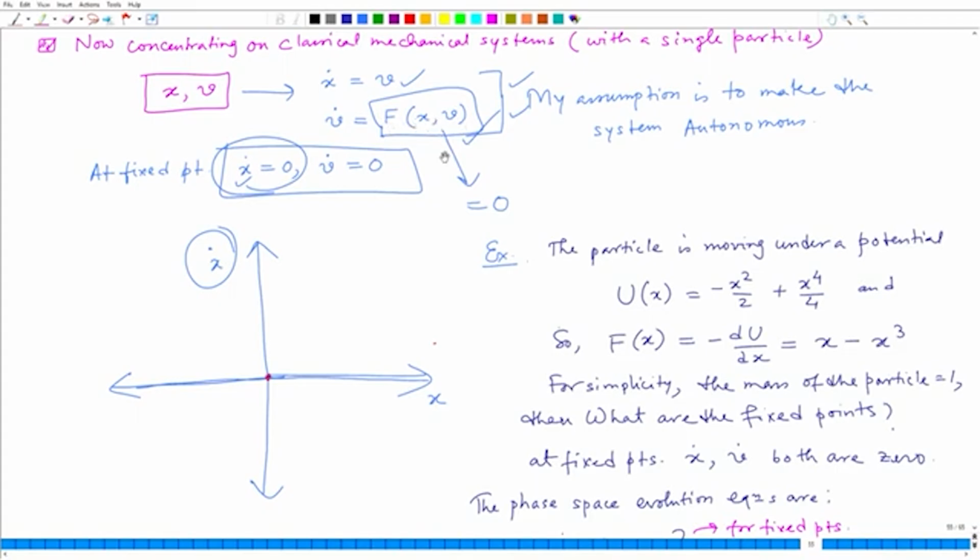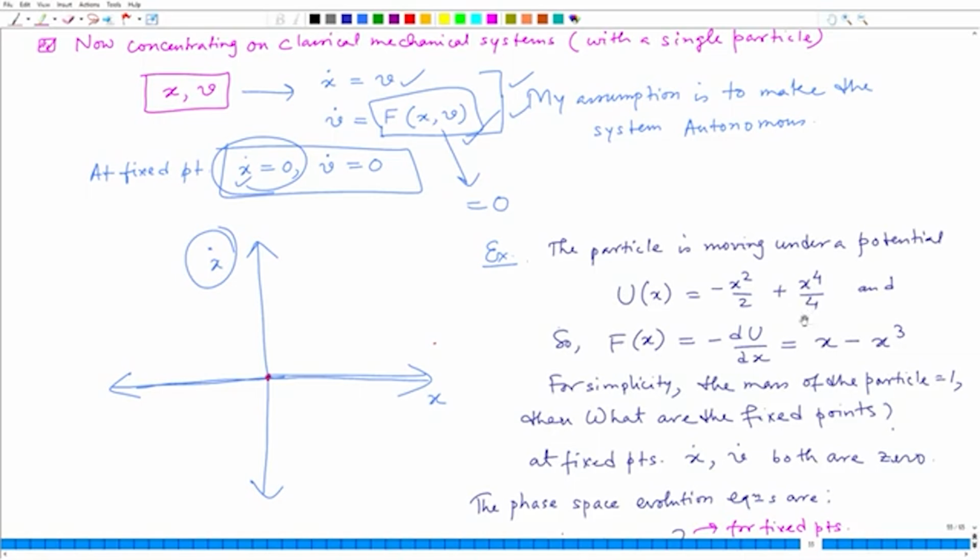Now, we took an example of one of the very familiar cases where f is just a function of the space coordinate only and not of v. So, we simply say that, in terms of our usual knowledge of classical mechanics, a particle is moving under a potential U, which is given by minus x squared by 2 plus x to the 4 by 4.